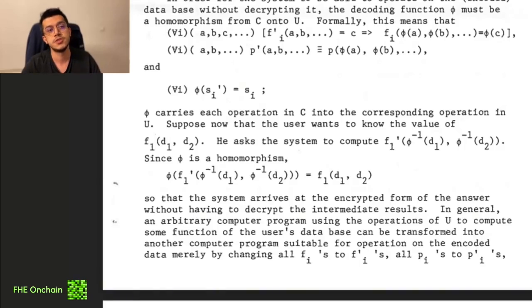So phi inverse of d1 means the user wants to encode the data called d1, and also the data corresponding to d2, and they want to apply this function to these two encoded data. Since phi is a homomorphism by its very nature, it gives us what we actually want.